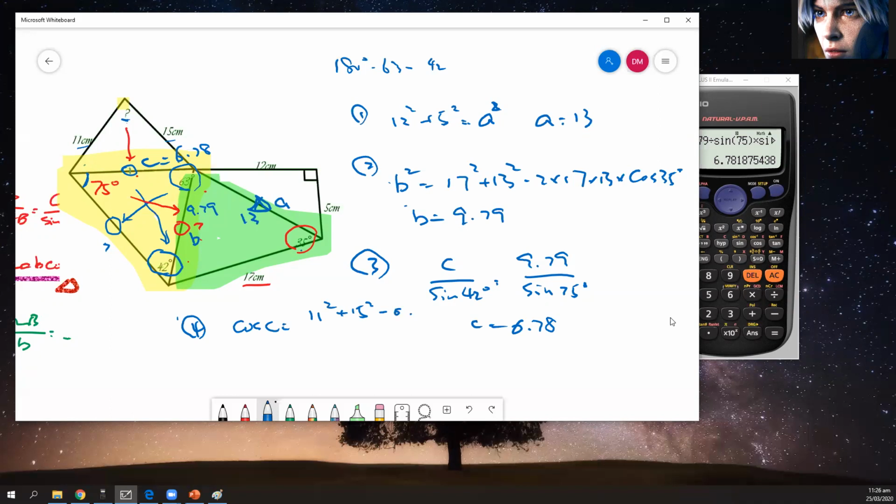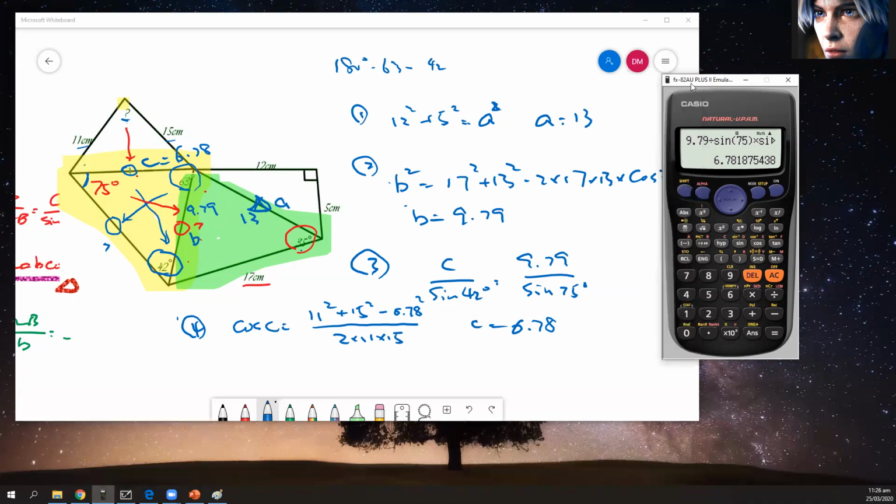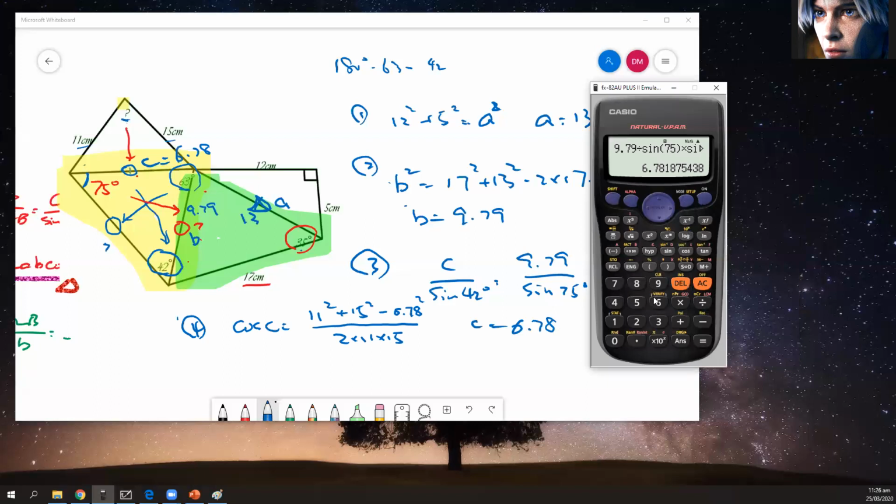I just write down C squared, 6.78 squared, divided by 2 times A times B. Everything's recorded, and don't worry, you will have time to go through this by yourself.